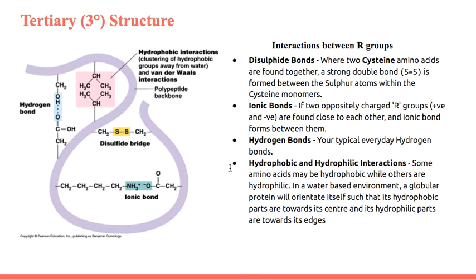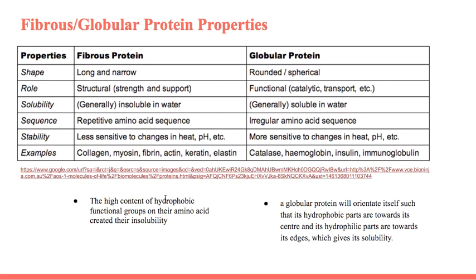These are especially important to determine the 3D shape and function, whether it's fibrous or globular, because fibrous tertiary structure proteins have a high content of hydrophobic functional groups, so they result in a long narrow string shape, which also gives the property of insolubility.